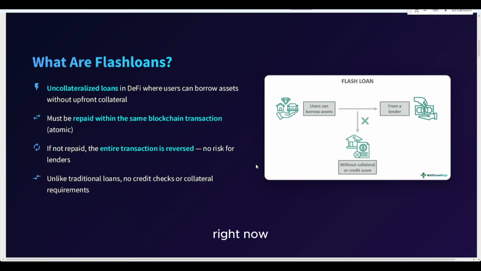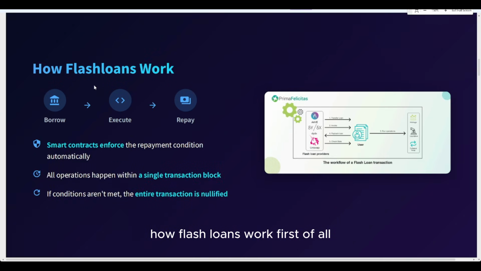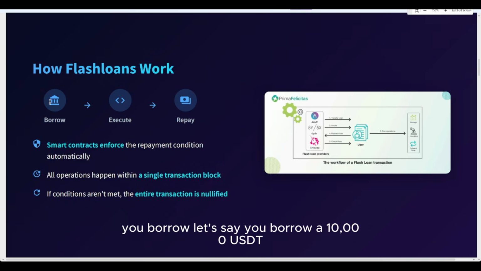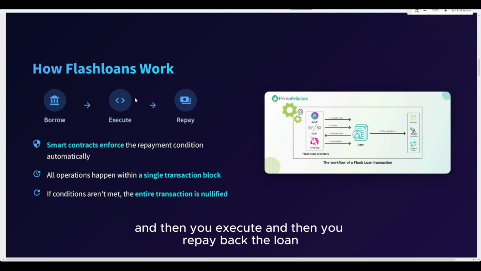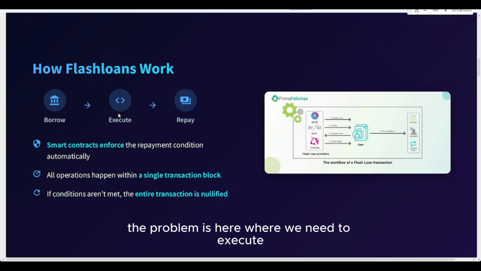Right now, how flash loans work: first of all, you borrow, let's say 10,000 USDT, and then you execute, and then you repay the loan. Borrowing and repaying is very easy. The problem is where we need to execute.